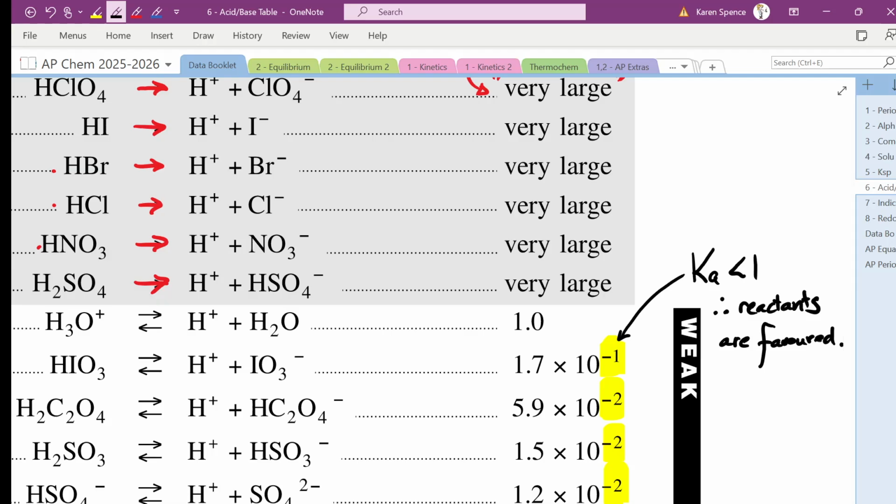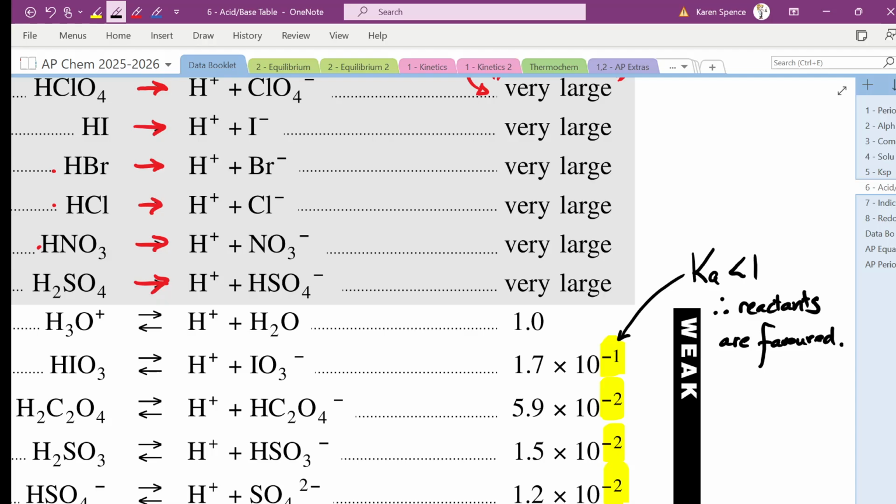So if Ka is less than 1 and the reactants are favored, do you remember when we wrote the net ionic equations, including weak acids? We left the weak acids together because mostly they are together, because the reactants are favored.